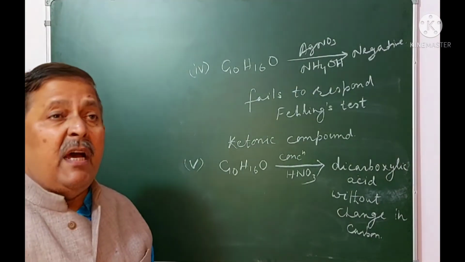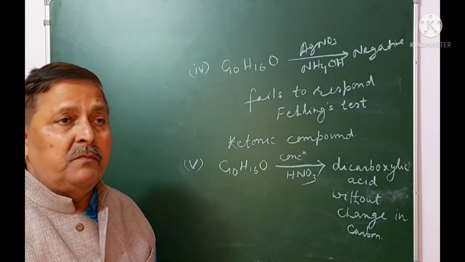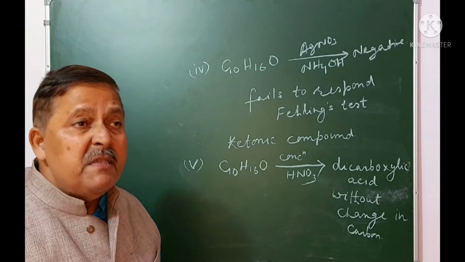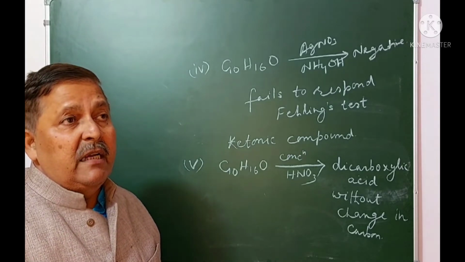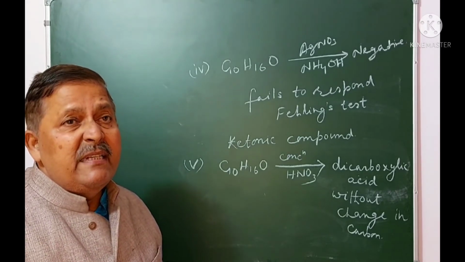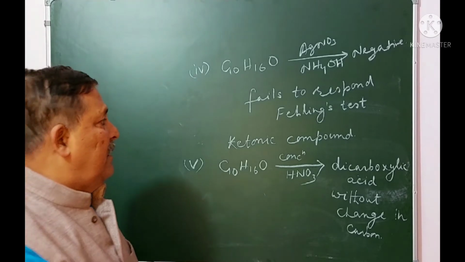The formation of dicarboxylic acid from a ketone confirms that the ketonic group is present in the ring chain.